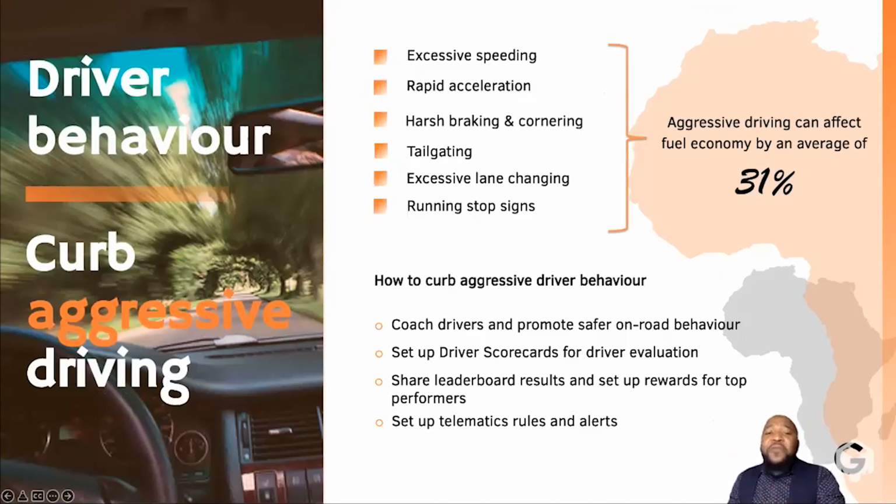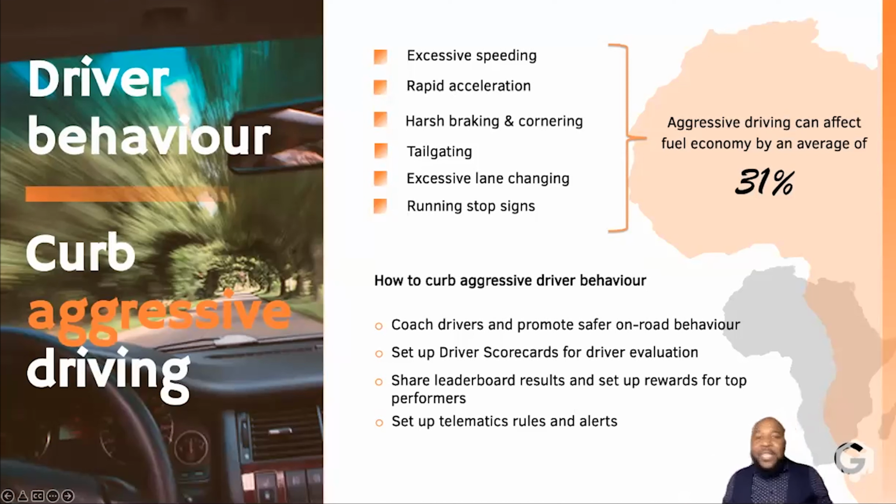So when it comes to reducing fuel consumption in a fleet, it takes a holistic approach. So besides the reports that directly relate to fuel, Geotab software will help fleet managers to monitor other aspects that also contribute to fuel consumption.